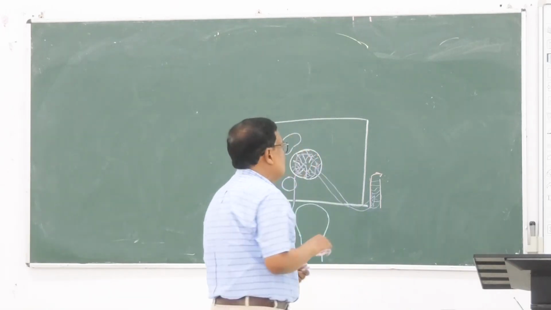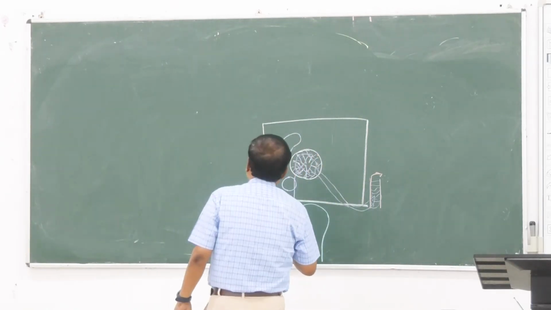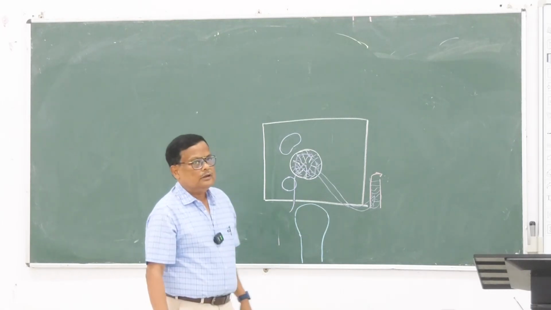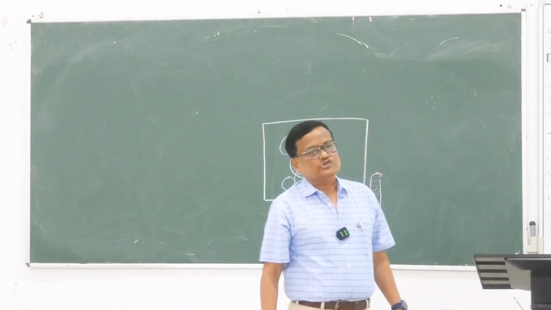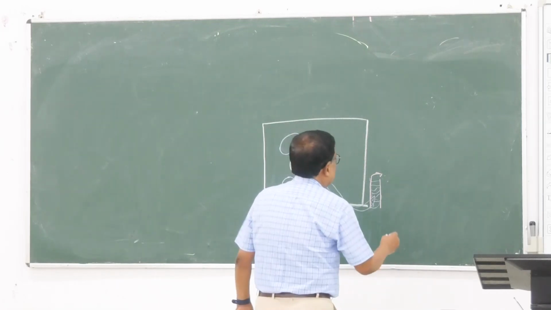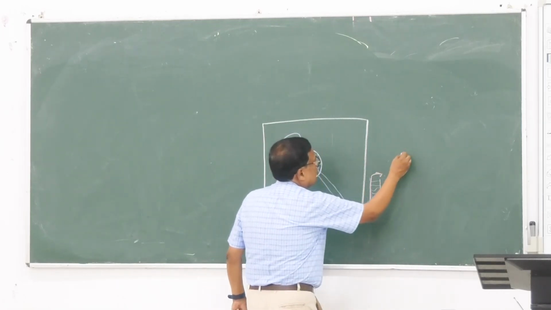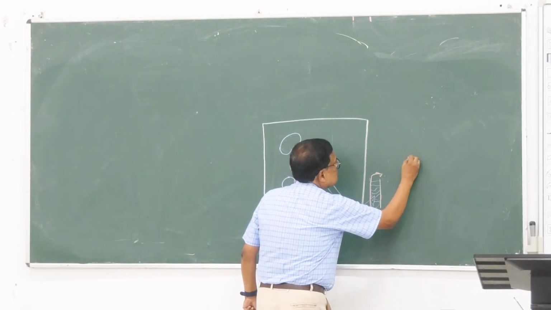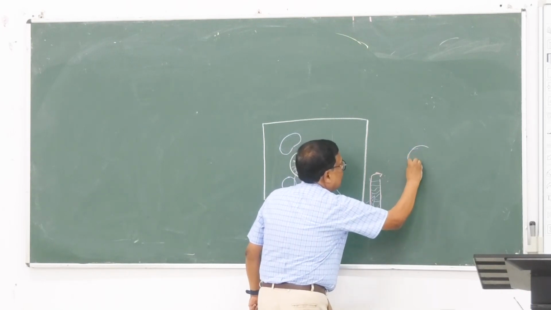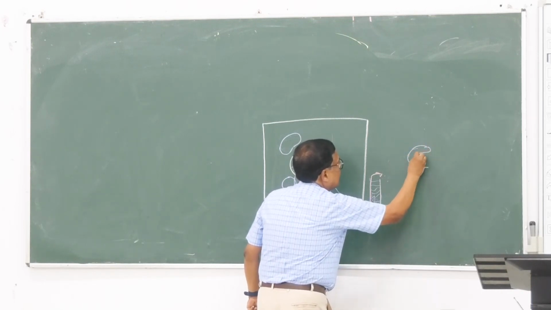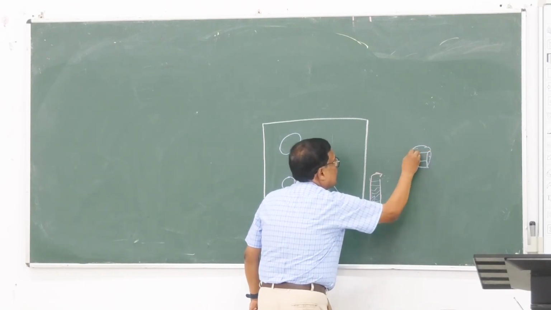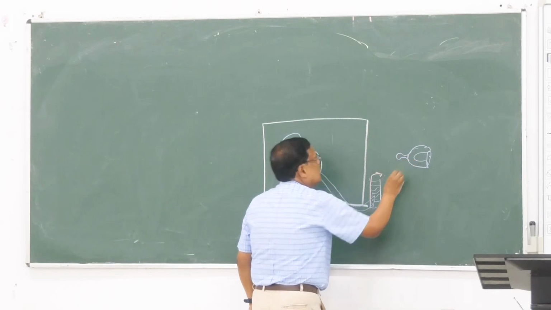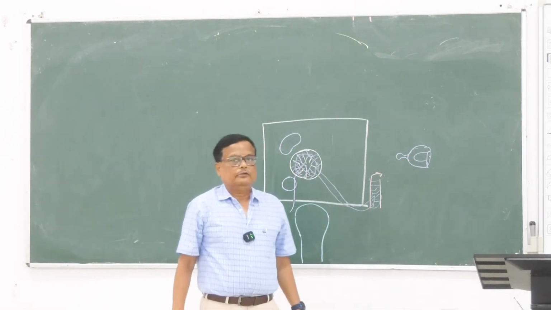The oval window is closed by one of the 3 ear ossicles: malleus, incus, and stapes. The stapes looks like that.